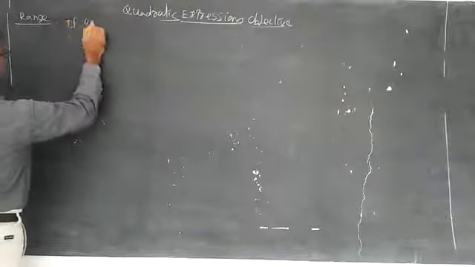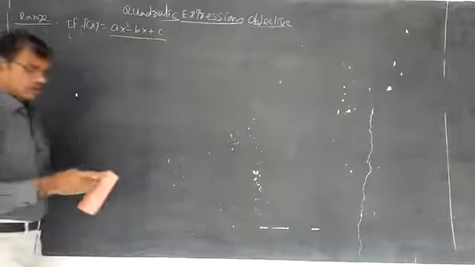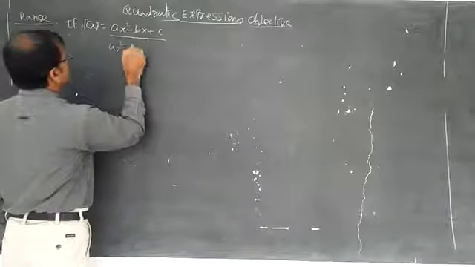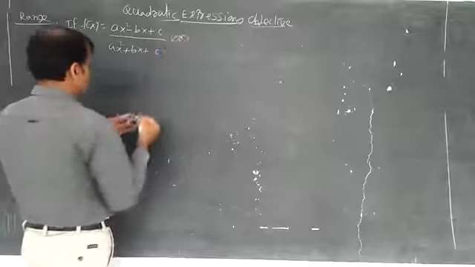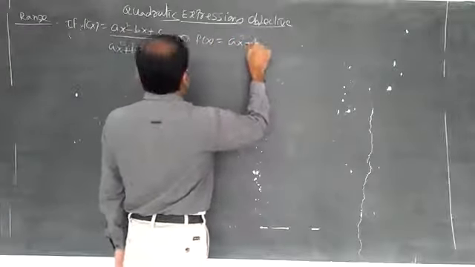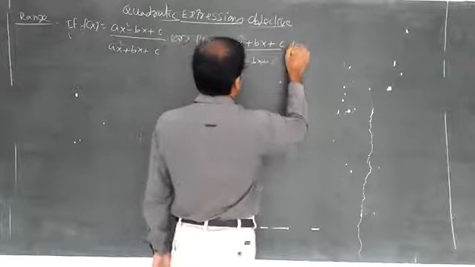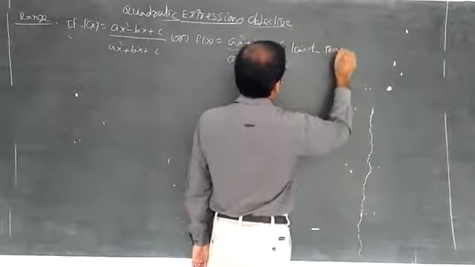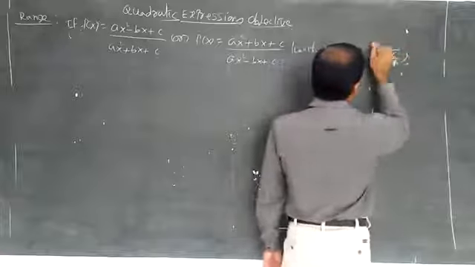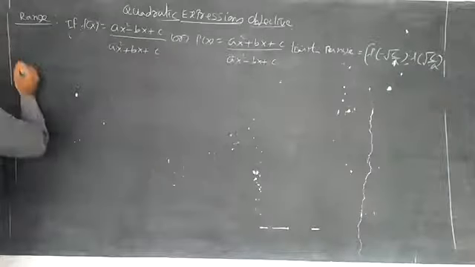If f of x is equal to ax square minus bx plus c by ax square plus bx plus c, or in reverse model, ax square plus bx plus c by ax square minus bx plus c, then its range is equal to f of minus root c by a comma f of root c by a. This is the formula.